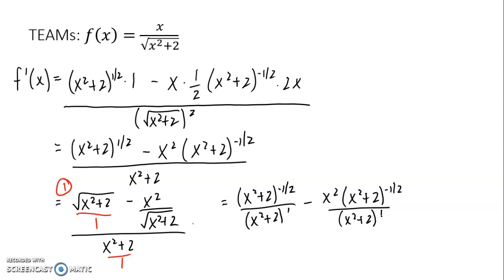Because that x squared plus 2 on the bottom is really being raised to the first power. Here I am dividing like bases, so I'm going to subtract my exponents. Negative half minus 1 gives me a negative 3 halves. Oops, this should be positive half. Sorry about that. 1 half minus 1 gives me a negative 1 half.